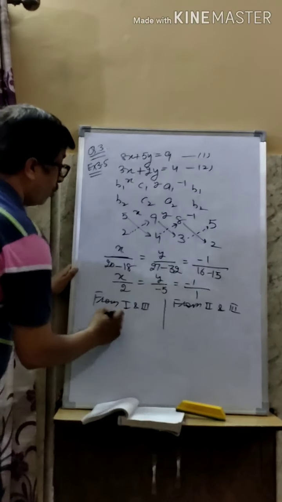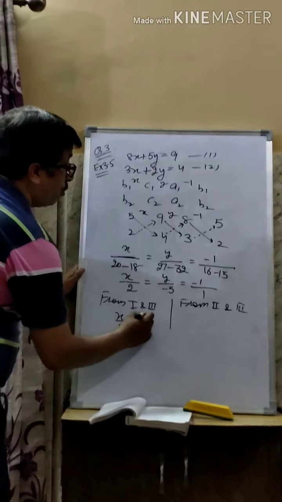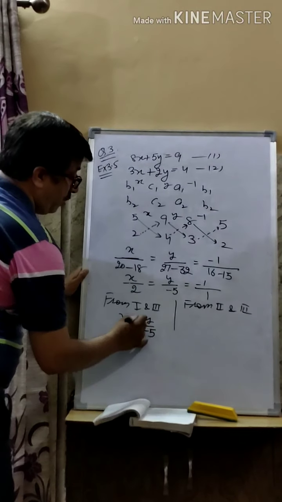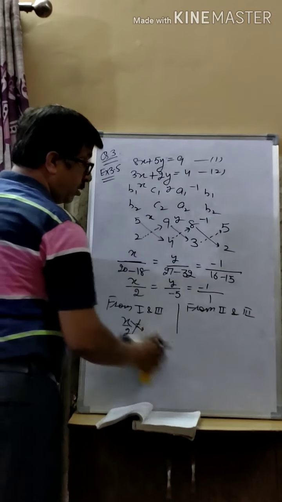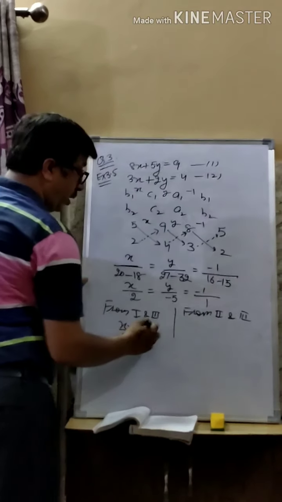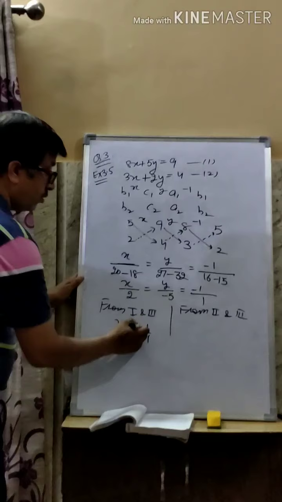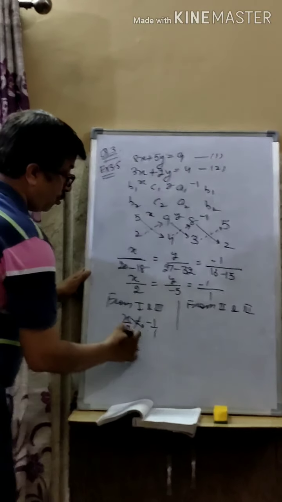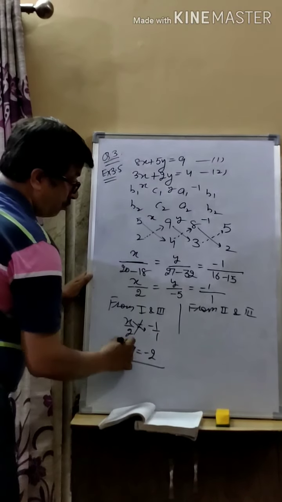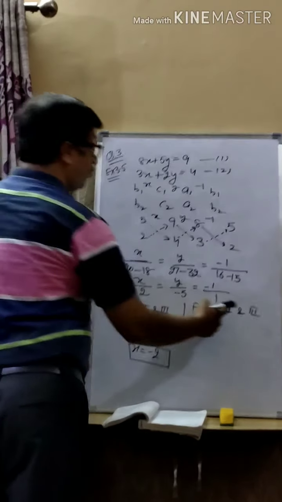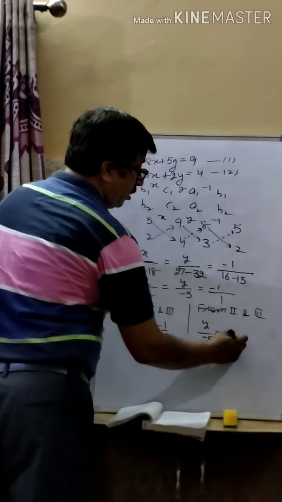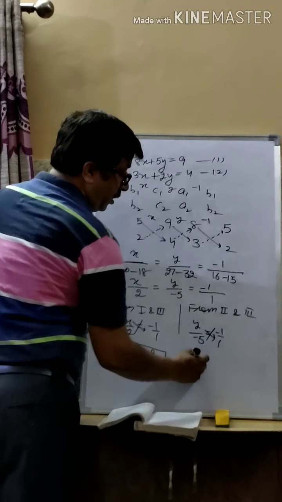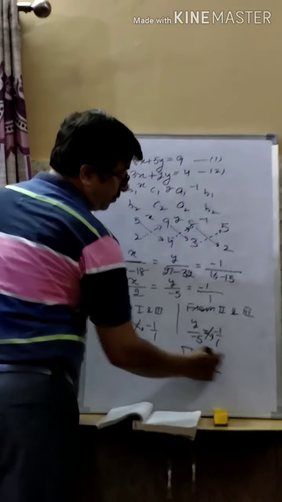So x by 2, y by minus 5, cross multiply, you will take the third, which is minus 1 by 1. So cross multiply, 2 into minus 1, minus 2. Same here from second and third: y by minus 5, minus 1 by 1, cross multiply, y is equal to 5.